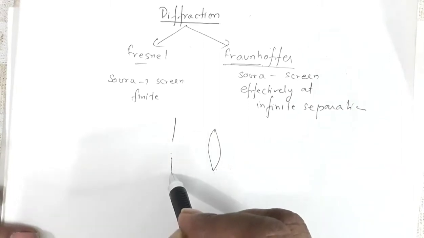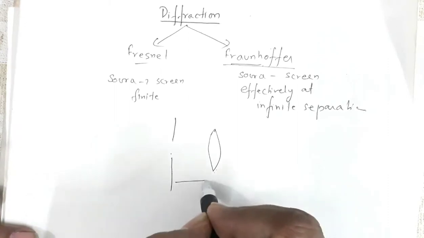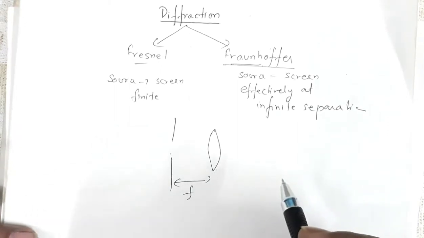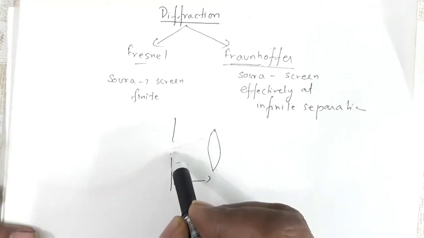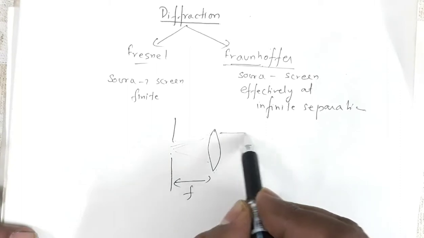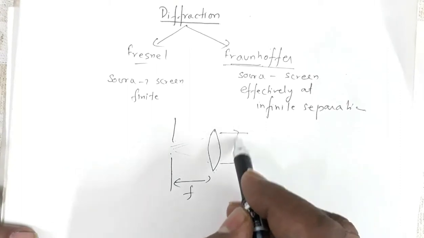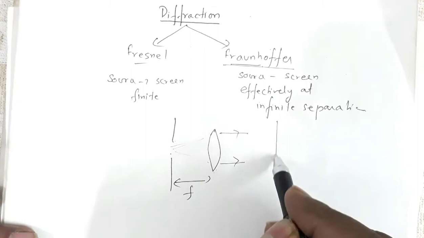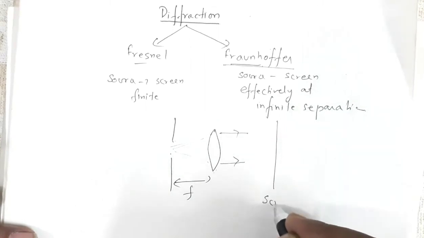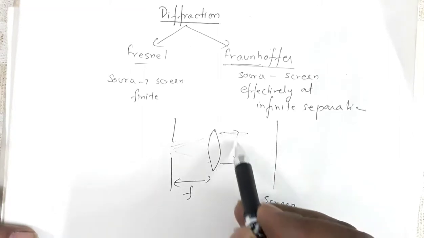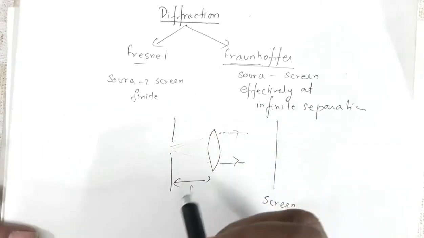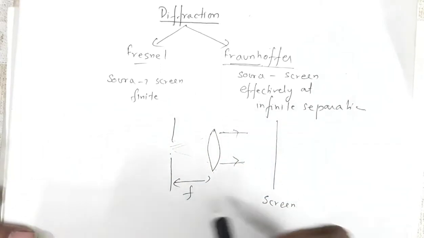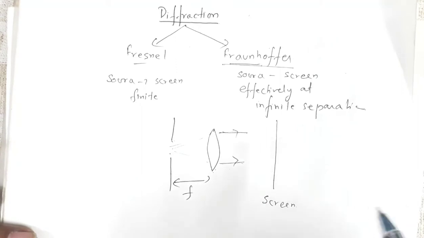This lens and this slit are placed in such a way that this distance is the focal length of this lens. This is a biconvex lens. Light coming from this slit emerges out parallelly, and then it is incident on the screen. Since these light rays are coming parallel, and parallel rays come from infinity, we can say that the source and the screen are effectively at infinite separation.